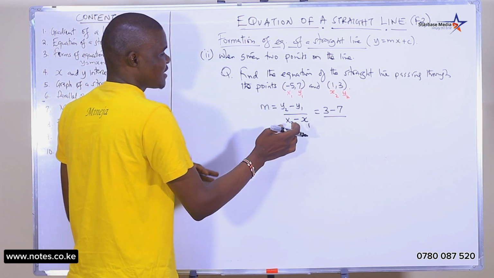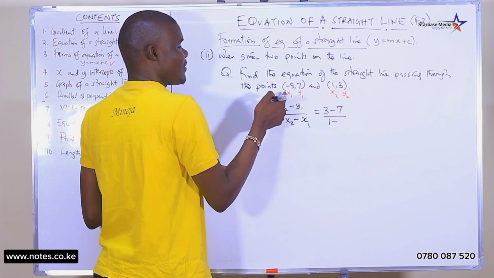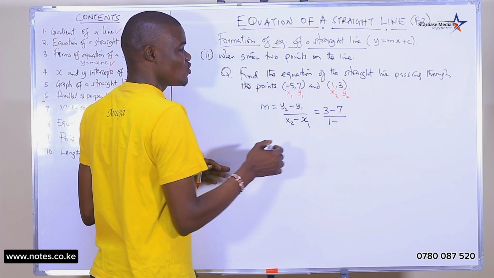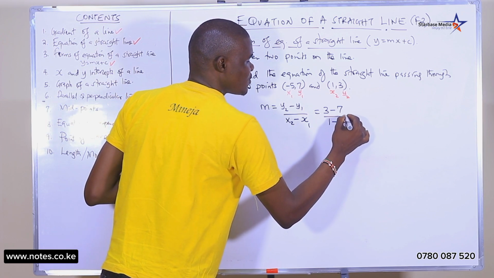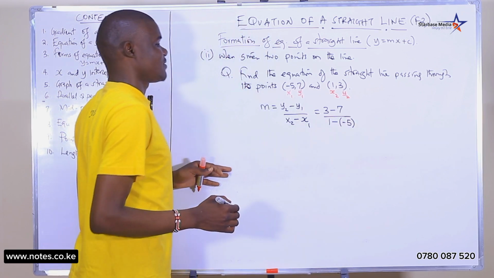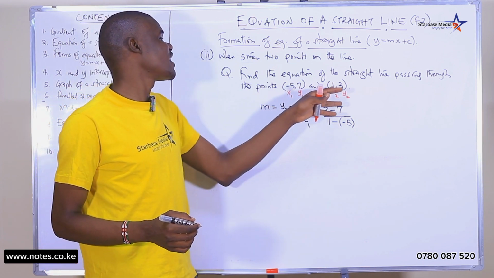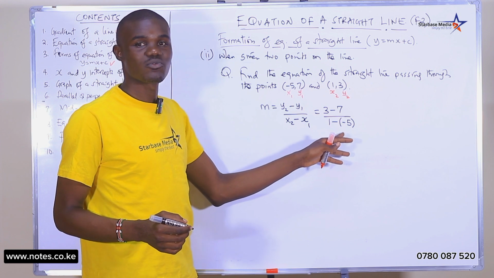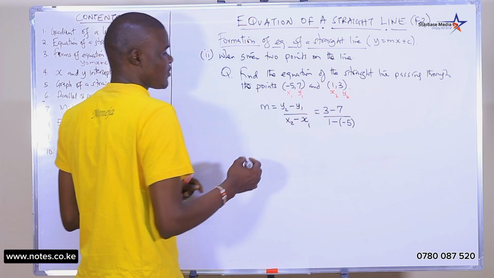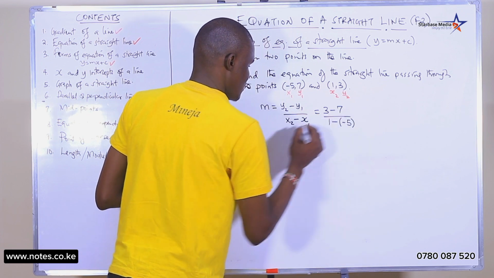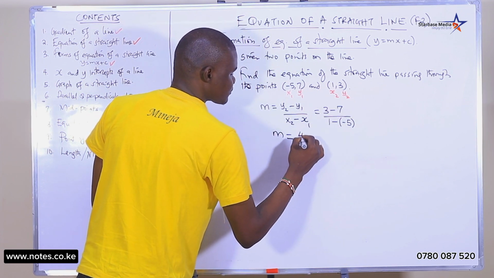Look at what happens in x2. x2 is 1 minus, but here there is another minus. So it is advisable that you use brackets so that you don't confuse that. This is where most students go wrong. They ignore the use of brackets and therefore they come up with different answers apart from the rest of the people.